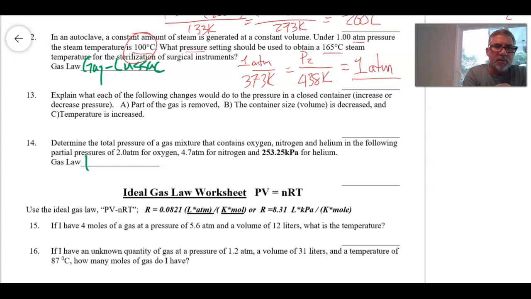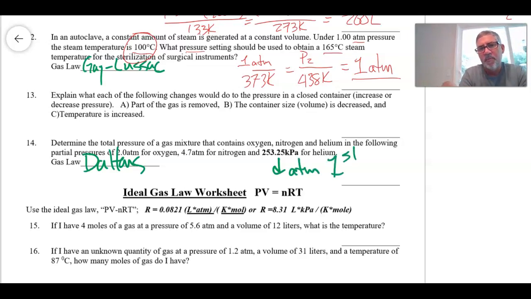14 should be Dalton's. Remember, got to make this ATM first.